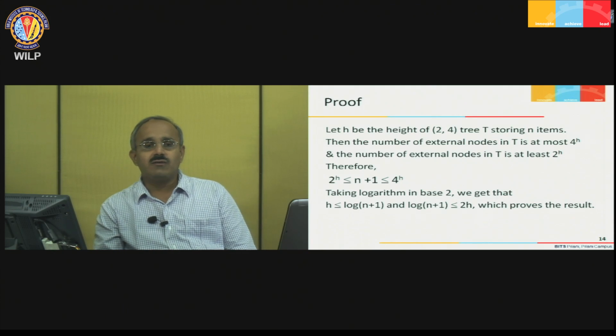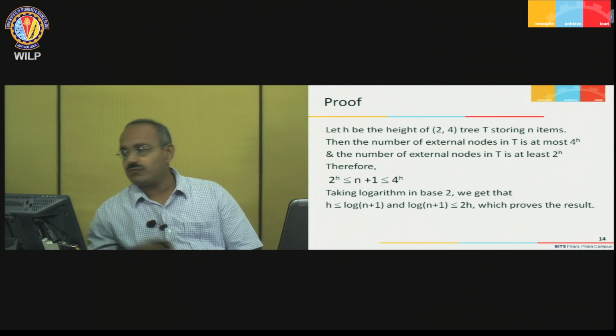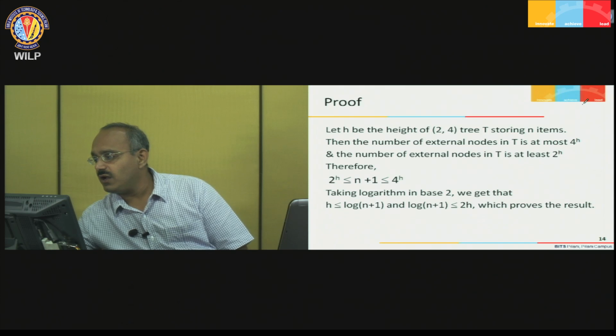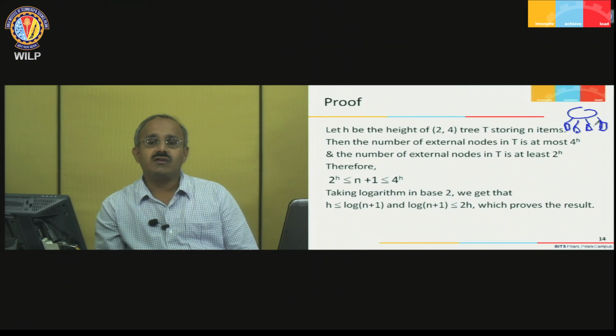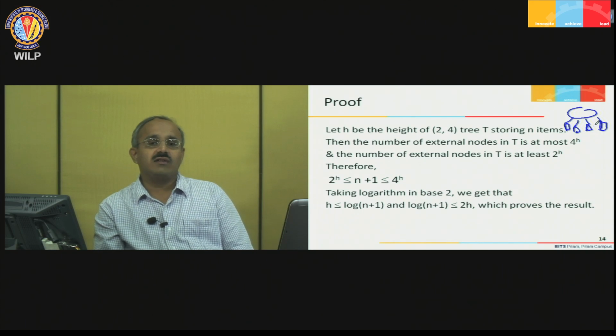Now, let us look at the upper bound on the number of external nodes that a tree can have. At the first level, the number of external nodes that you can have is going to be 4. So that is the base case: when height is 1, you have 4 external nodes.